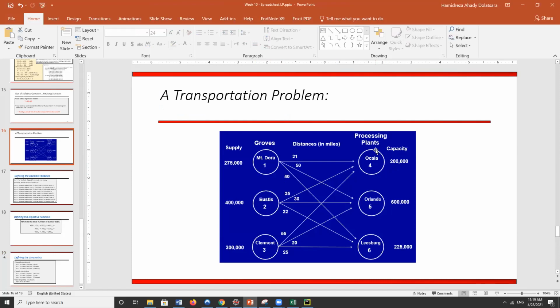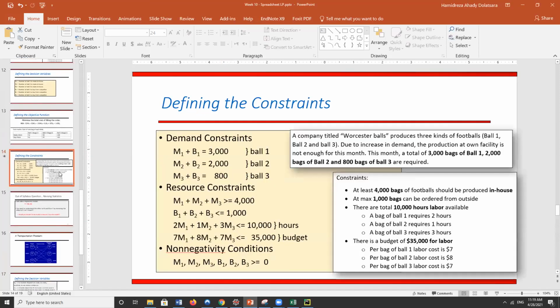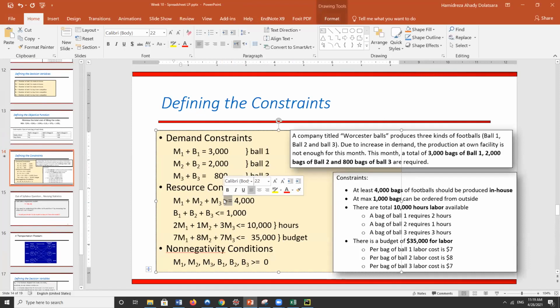It just makes more sense for me. So again, don't be confused with the sign of these equations, greater, equal, or less. It just depends on which policy you want to follow. In the previous problem, each policy was mentioned, like you should make at least, which means you should produce more than 4,000.